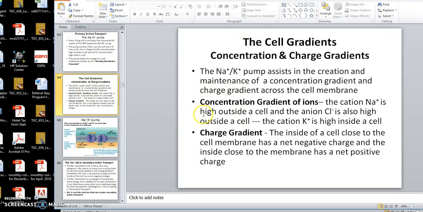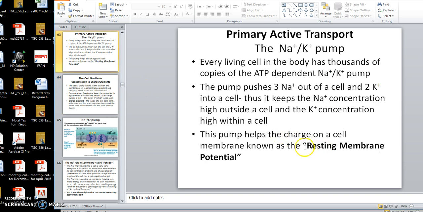Now, these gradients must be there. You need to have more positive on one side and more negative on the inside and so forth like that, and even the differential in ion concentrations to maintain the resting membrane potential.